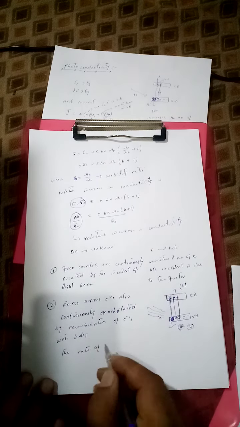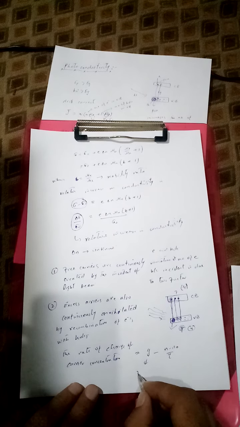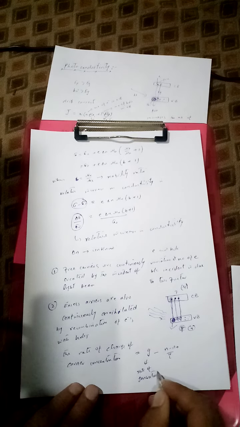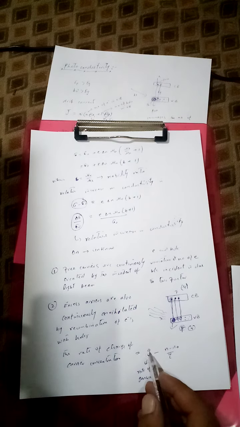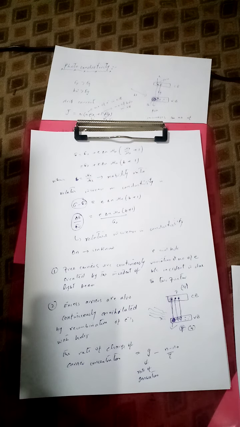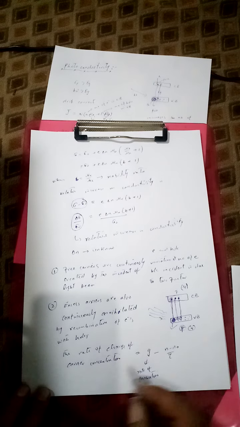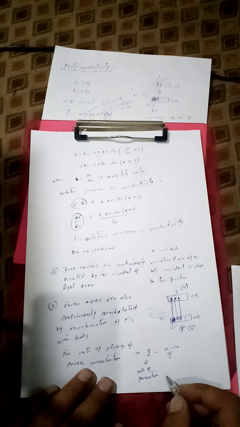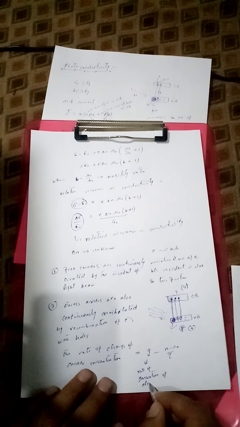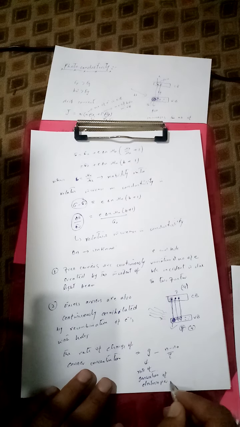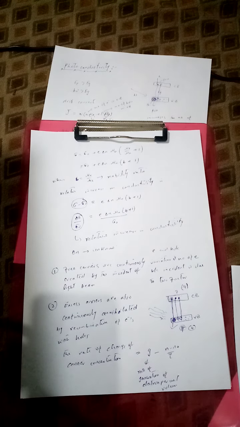Now what this equation means, I will explain here. G is the rate of generation: the number of carriers created per unit time per unit volume, like the number of electrons generated per unit time in a unit volume.